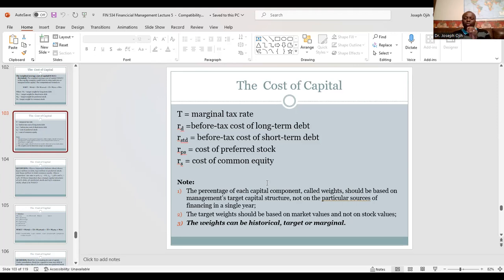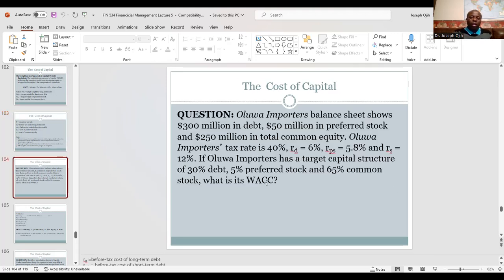Second thing is that the target weight should be based on market values and not on book values. Last but not the least is that the weight can be historical, target, or marginal.